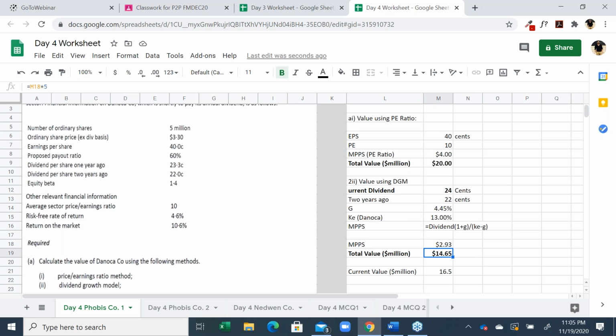So it's 14.65 million using the dividend growth model, and the current value is $16.5 million.